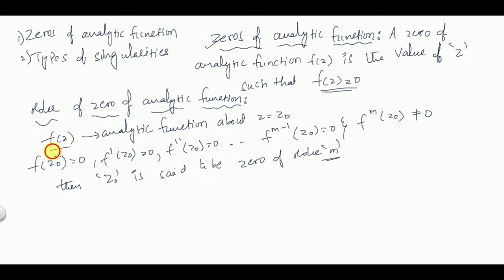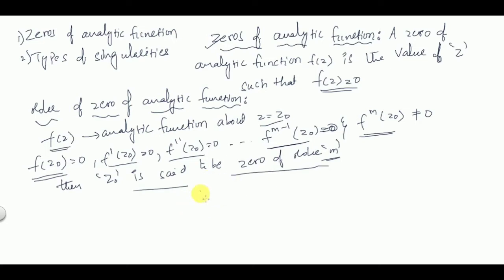So if f of z is an analytic function about z is equal to z0, and you have the values f of z0 0, f dash of z0 0, f double dash of z0 is 0, and f m minus 1, that is, if you differentiate m minus 1 times and substitute z is equal to z0, you get 0, and f m of z0, that is, if you differentiate m times and your value is not equal to 0, then z0 is said to be 0 of order m.